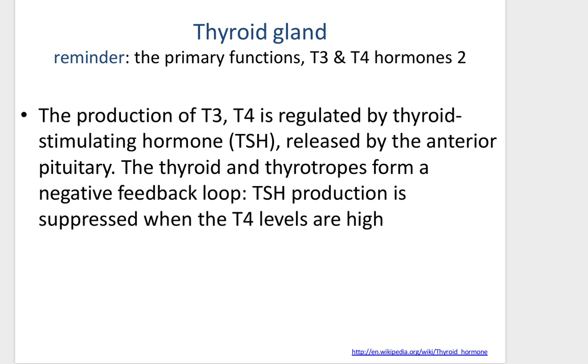The production of T3, T4 is regulated by thyroid stimulating hormone, or TSH, released by the anterior pituitary. The thyroid and thyrotropes form a negative feedback loop. TSH production is suppressed when the T4 levels are high. We name it one more time a negative feedback loop.